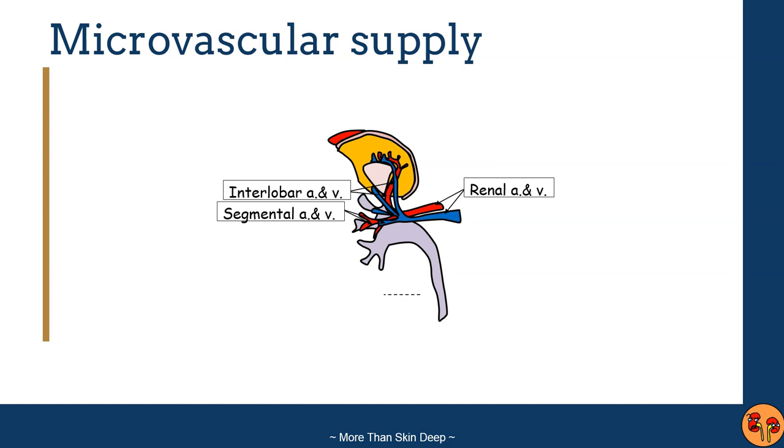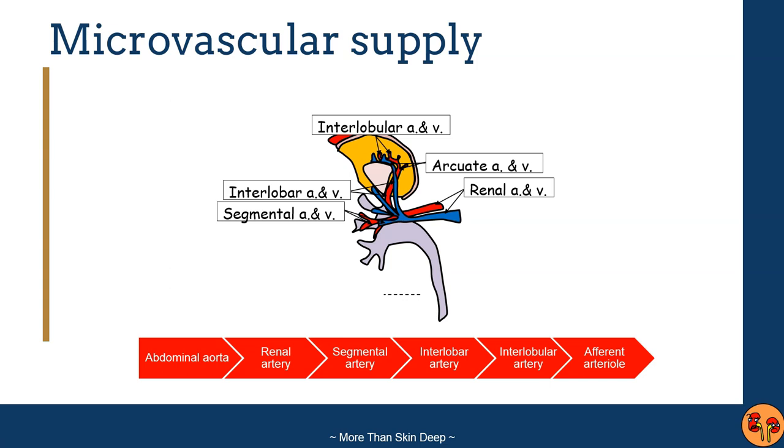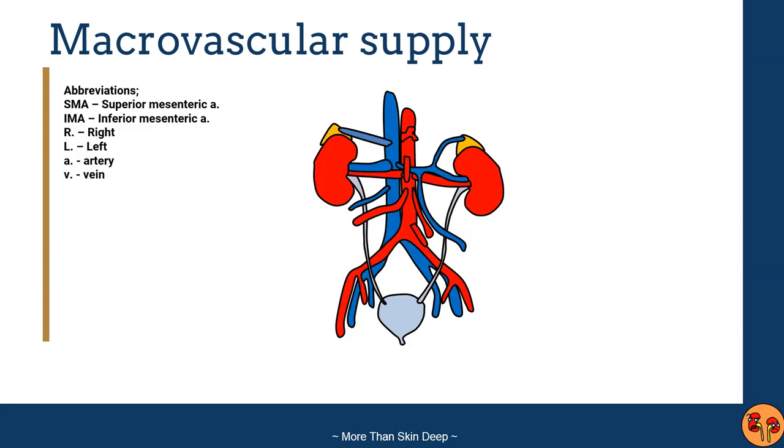As the interlobar arteries and veins reach around the edges of the medullary pyramid, they are known as the arcuate arteries and veins. Finally, these will finalize as the interlobular arteries and veins. Here is a diagram which simplifies the microvascular supply of the kidneys.